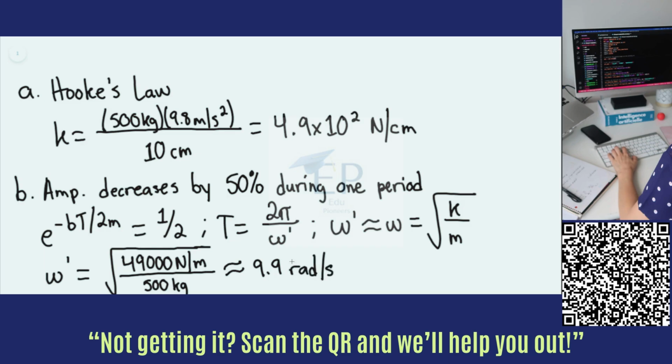Plugging this into T, T is equal to 2 pi divided by 9.9 radians per second, and so the period is approximately 0.63 seconds.